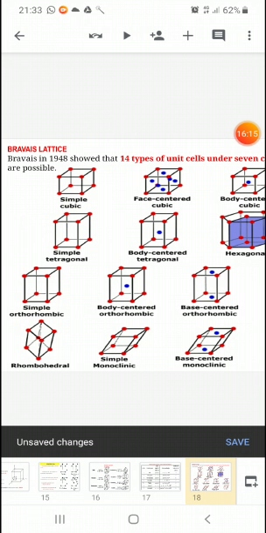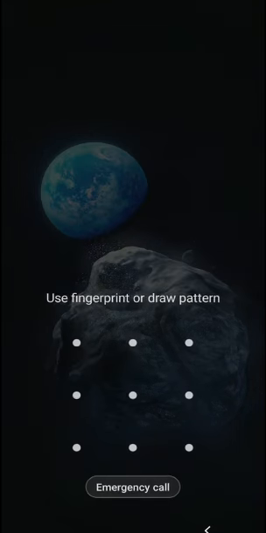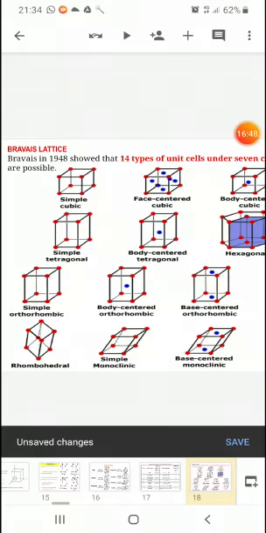Simple tetragonal: in simple tetragonal, a equals b not equal to c and alpha equals beta equals gamma equals 90 degree, and examples are bismuth, Sn, NiSO4. Second crystal structure in the tetragonal system is body centered tetragonal and example is TiO2.